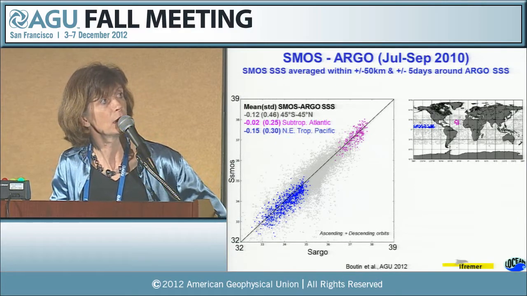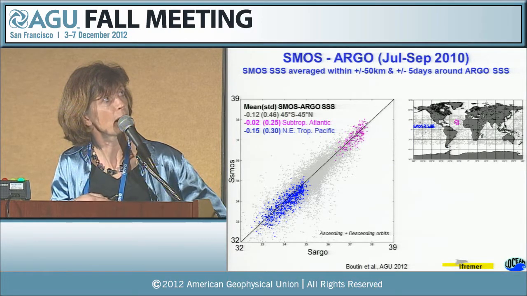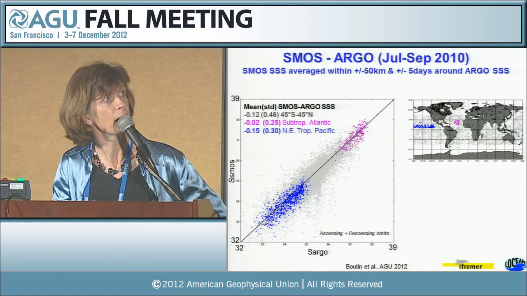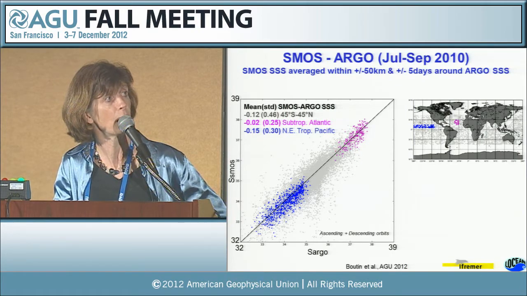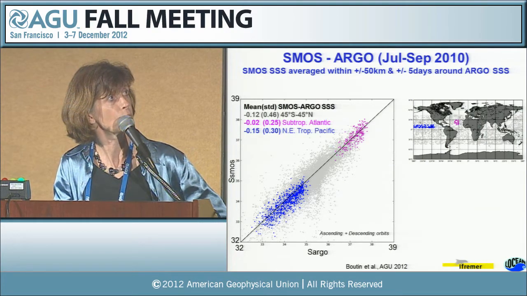This is a comparison of SMOS and Argo salinity during 3 months in 2010. In that case, we averaged SMOS salinity within 100 kilometers and 10 days around the Argo sea surface salinity. We consider here 3 zones, one between minus 45 to plus 45 north, and 2 other zones that I will detail afterwards.